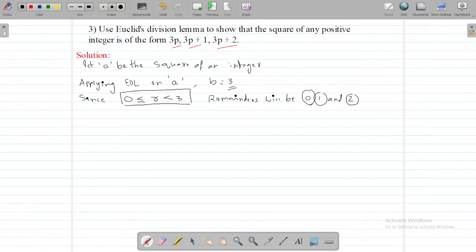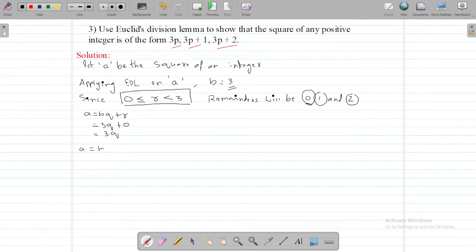So again, by using a is equal to bq plus r, what is our b value? 3q plus our remainder 0, which is nothing but 3q.